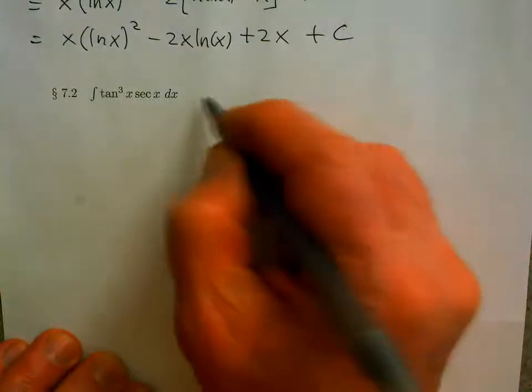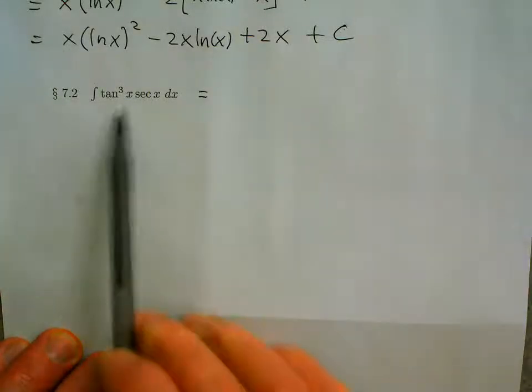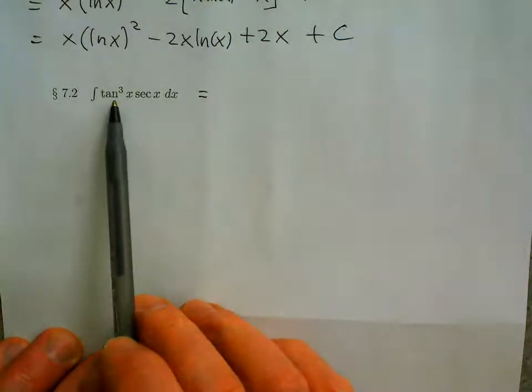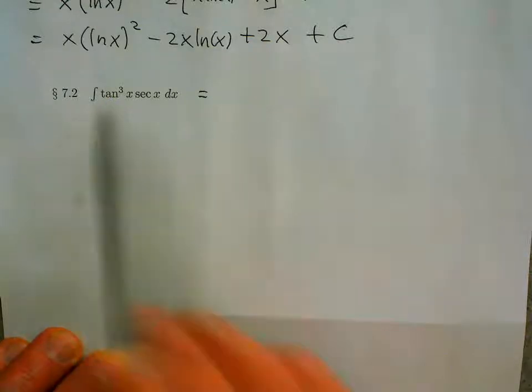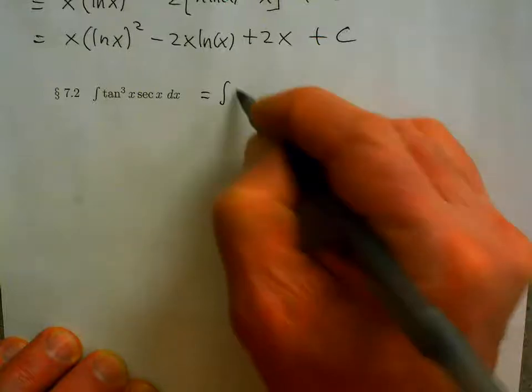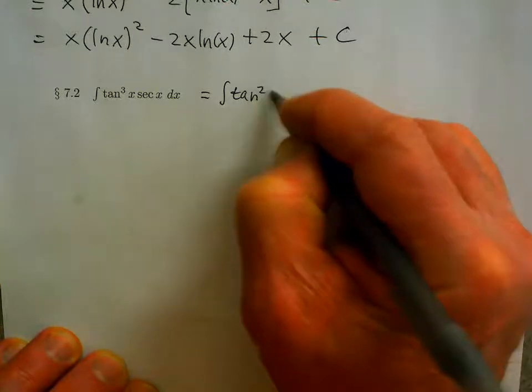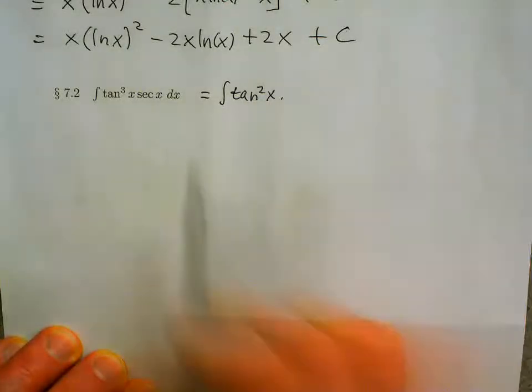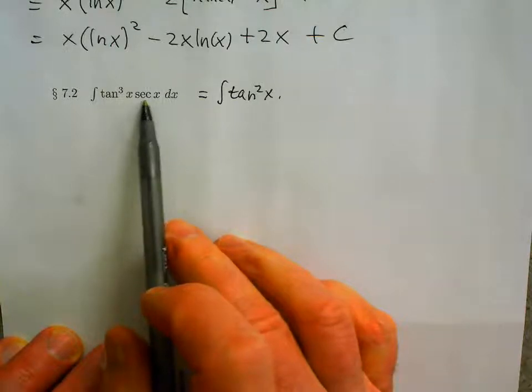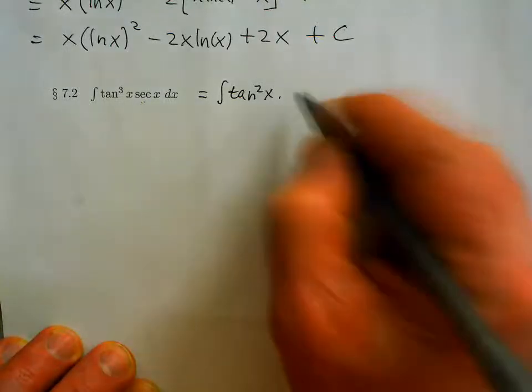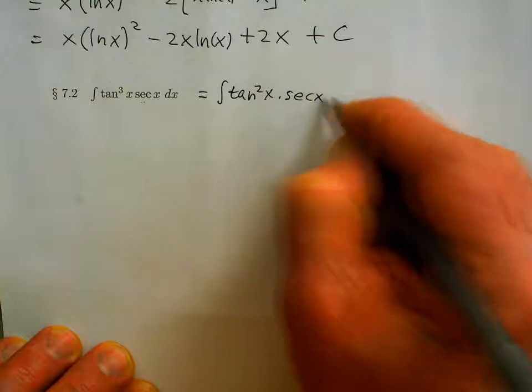Well, for this one, I'm going to separate tangent of x to the third by writing it as tangent of x to the second times tangent of x. But then I'm going to rearrange the factors to write it as secant of x times tangent of x.